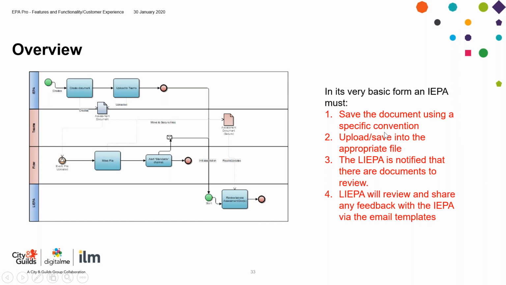In terms of the assessor forms that they are producing for each assessment component, they would be asked to save those documents locally on their own files using a very specific file naming convention. They are then uploaded to the SharePoint site into an appropriate file. There are files per standard, and the IEPA would upload the file from their local drive to the SharePoint site into the right standard folder.